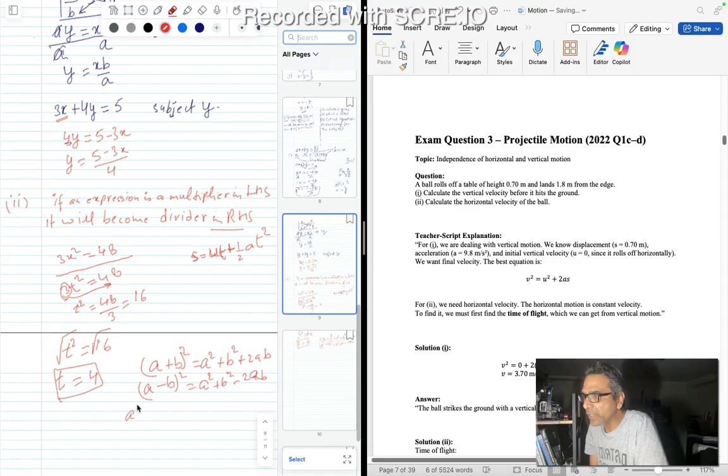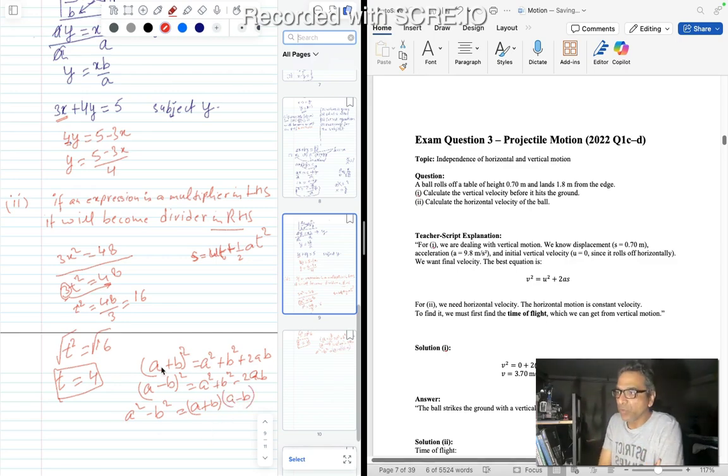And if it is a square minus b square, then it will be a plus b times a minus b, right? So we will deal with these kinds of equations later on and see how it goes. Solving a quadratic equation is a bit tricky, but not impossible.